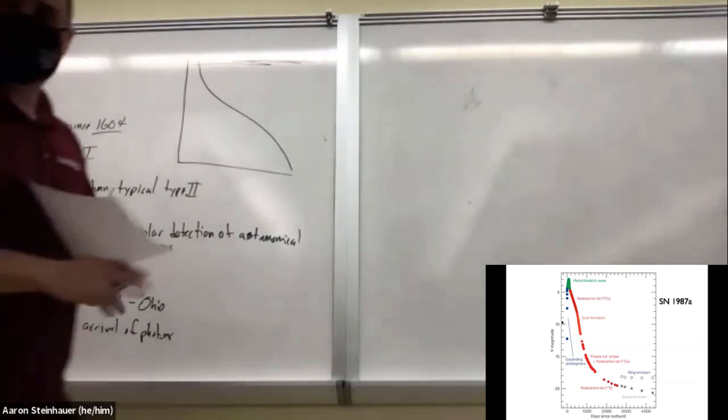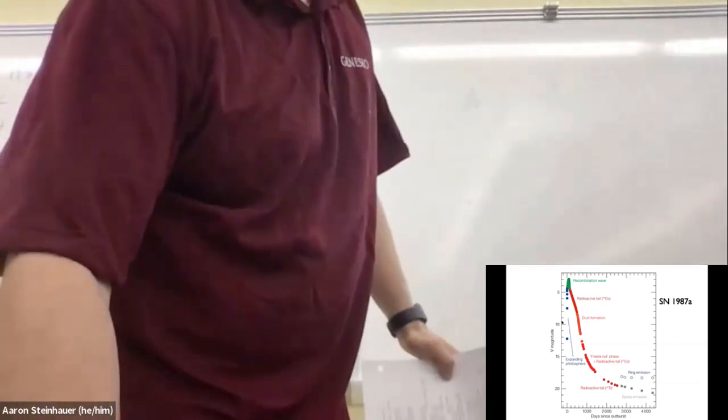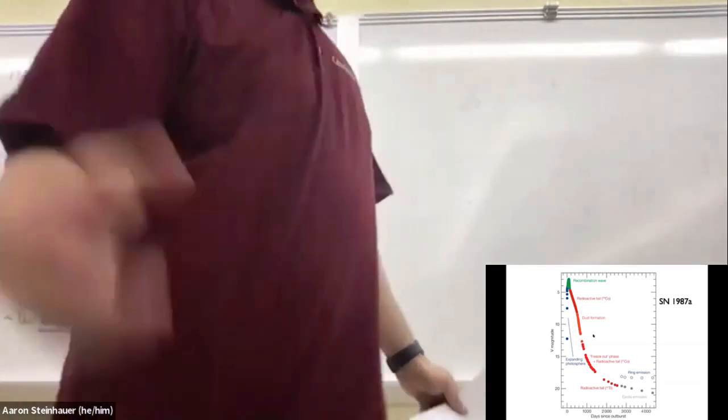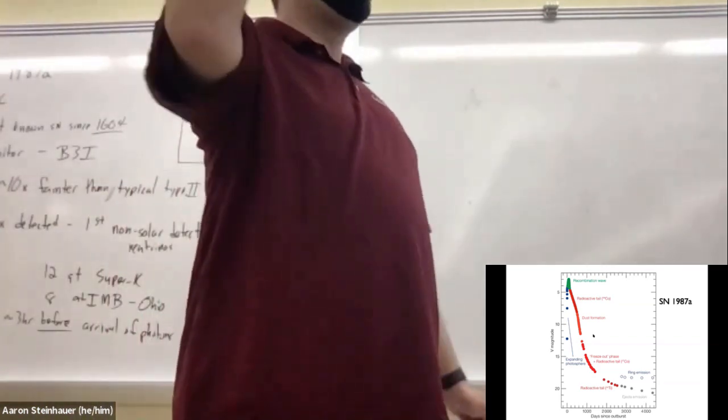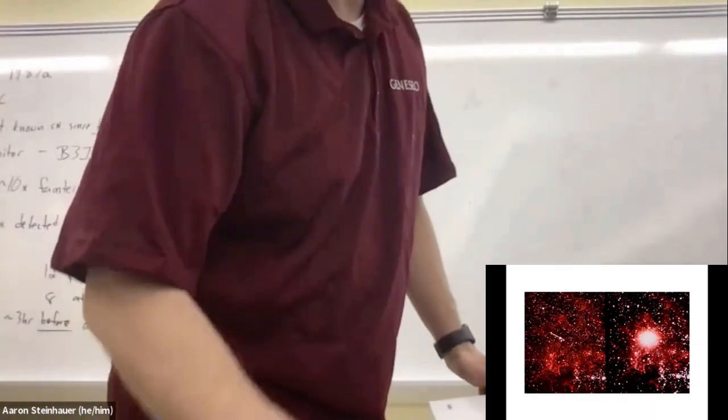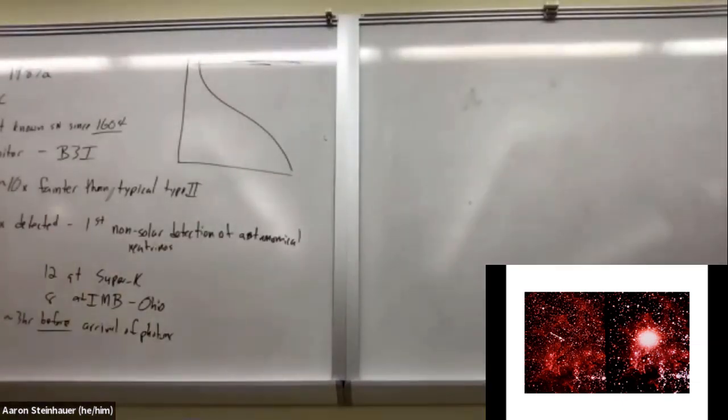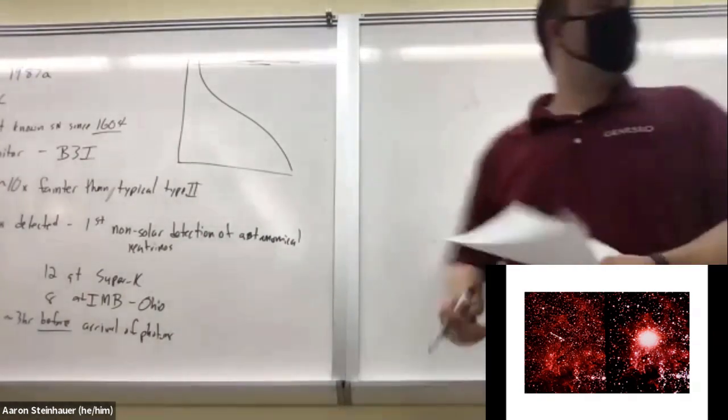So what does this thing look like today? This is cool because we normally can't look at these things and watch them evolve in real time, and we could in this one. Well, this is the star before it went supernova. This is the star after it went supernova.